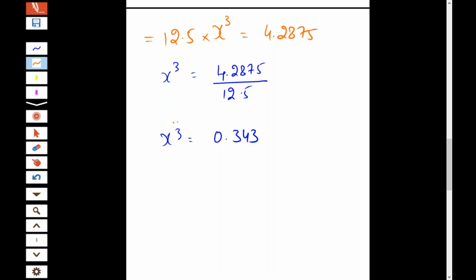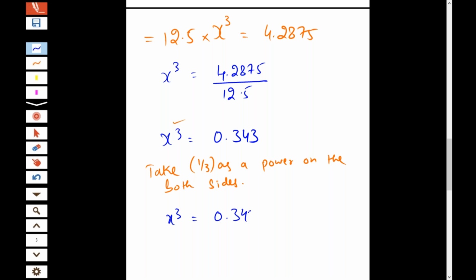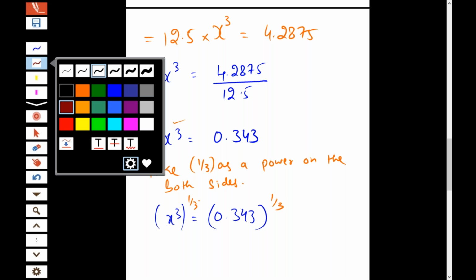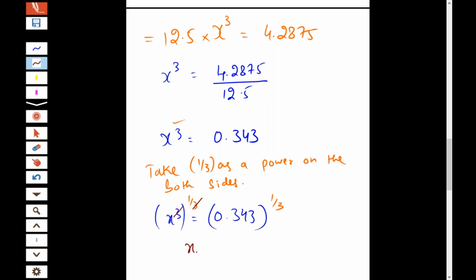If you want to remove a certain power, you need to take the power 1 upon 3 on both sides. That is x power cube equals 0.343, take power 1 upon 3 on both sides. The 3s will cancel, and you will receive x.